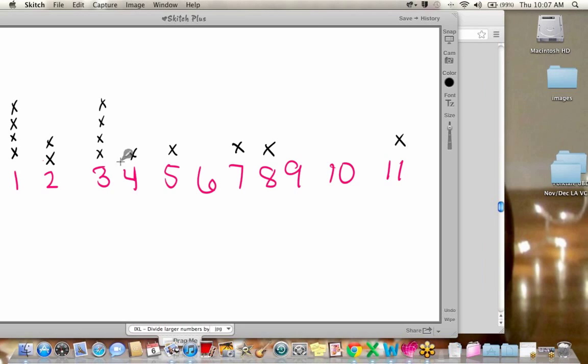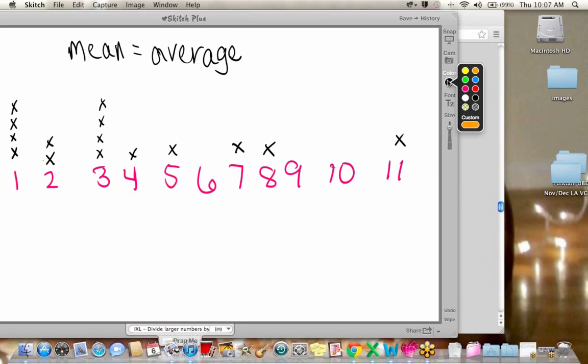First thing they want to know is the mean. Mean equals average. To find the average, you're going to add up all of these numbers and divide by the total number of kids.